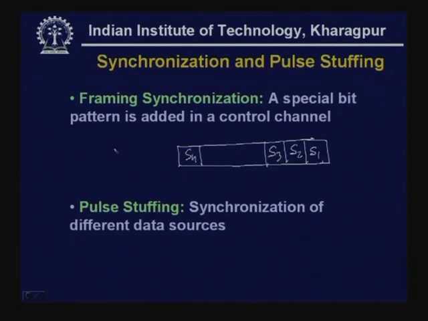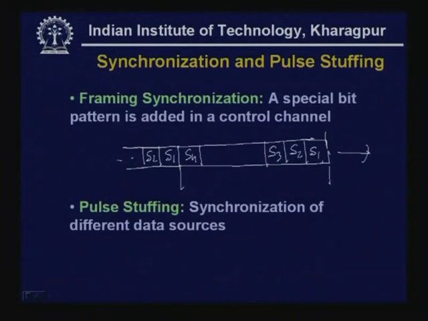Then of course another stream is coming; this is one frame and this is another frame, source 1, source 2, and this is being sent. Now, how does the other side, that is the receiving end, identify that this is the beginning of a frame? After the beginning of a frame is identified, the data from each of these sources can be taken out, provided they operate at the same frequency.